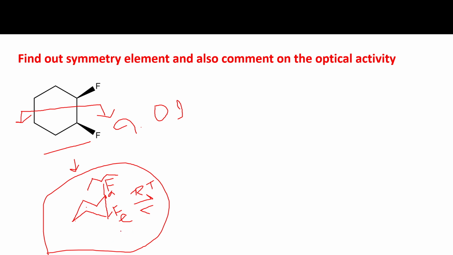When we cannot resolve the two conformations, then that molecule is optically active, but we cannot get one enantiomer form as pure. We always get a mixture of two enantiomers which are continuously changing to each other.